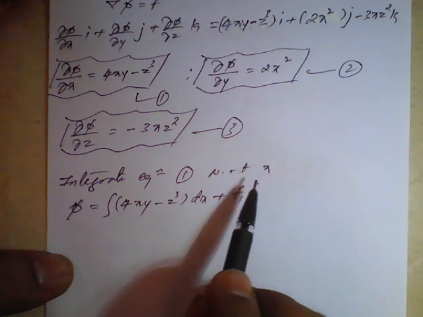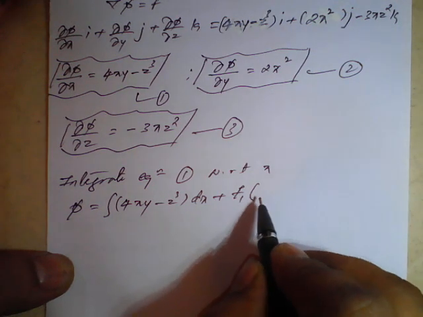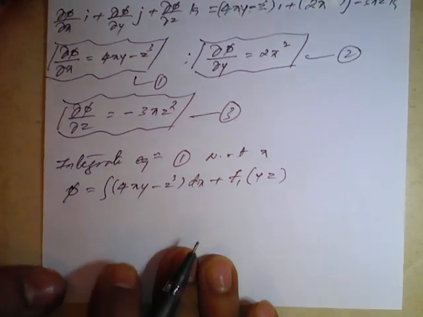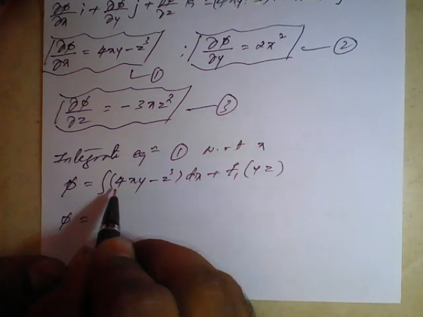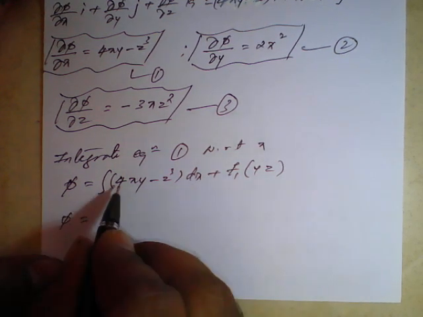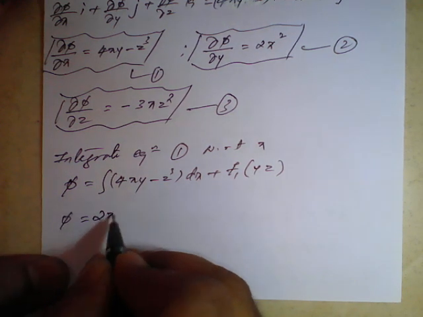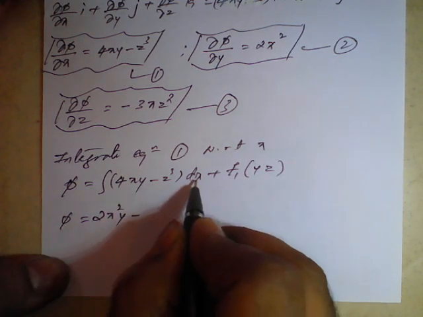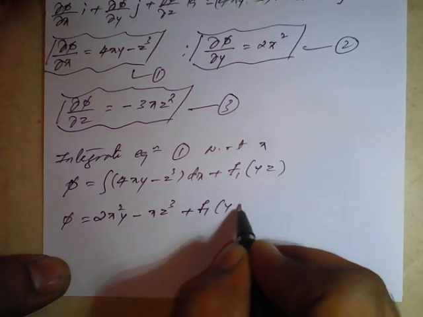We are doing with respect to x, and the function vector f has x, y, z variables, so leaving x, it will be a function of y, z. So phi is equal to integration of 4xy with respect to x, so it will be x square by 2, so 2 and 2 get cancelled. I am writing directly: it will be 2x square y minus z cube. Integration of z cube with respect to x is x z cube, and this f1 of y, z as it is.